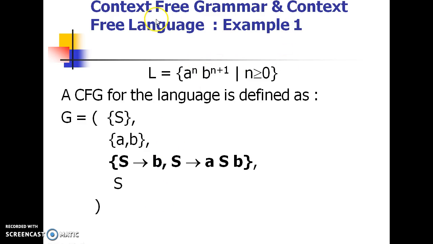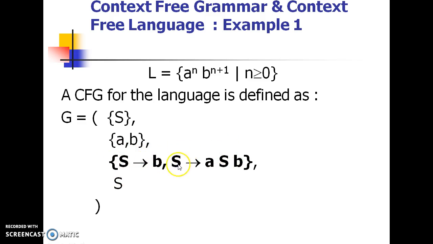An example of a context-free language can be a language L of the form a to the power n, b to the power n plus 1, where n is greater than or equal to 0. The grammar for this language consists of four tuples: V is equal to S in this example, and the terminals consist of symbols a, b, and for the production we have two definitions for the variable S, where one is a recursive definition, S giving aSb, and another is a non-recursive definition, S giving b.